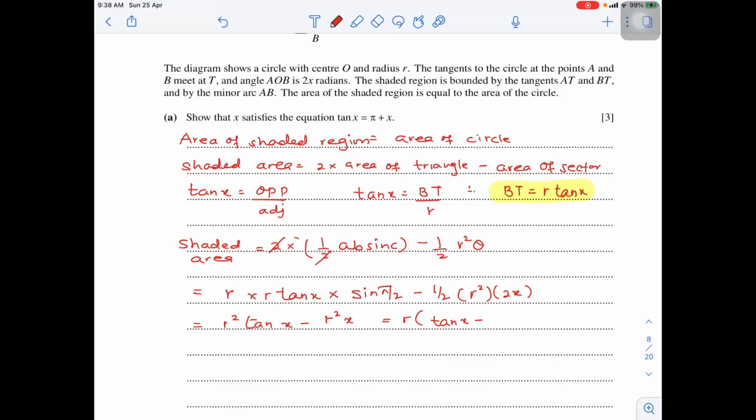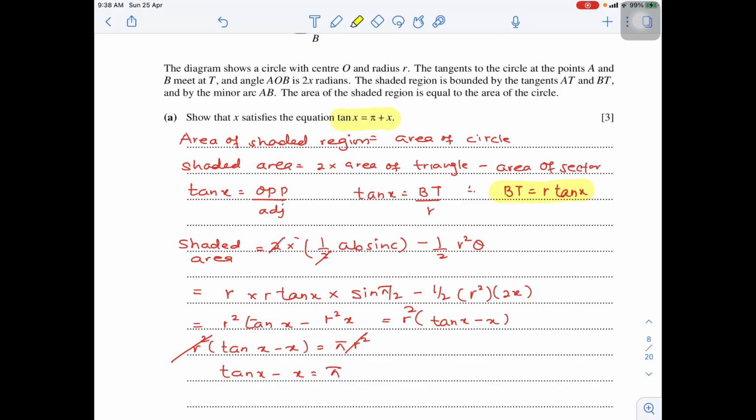So that's r squared tan x minus r squared x. r squared is common, factorizing it. So it's r squared times (tan x minus x). Now this area is equal to the area of the circle, so I can equate that. r squared (tan x minus x) is pi r squared. Sorry, that was r squared.